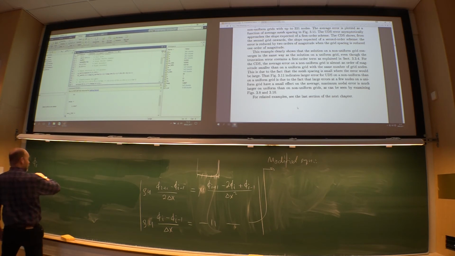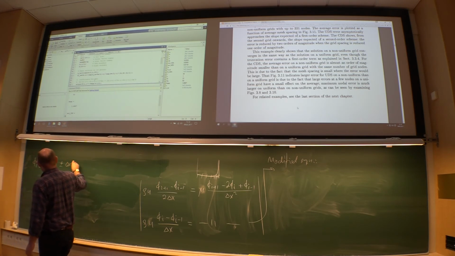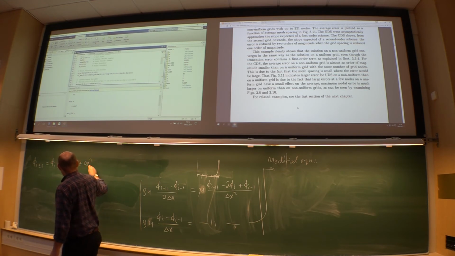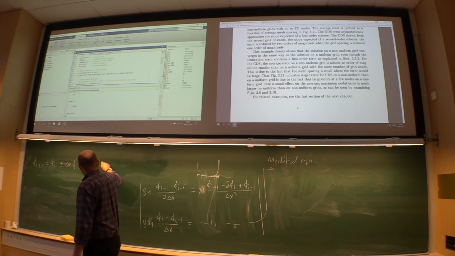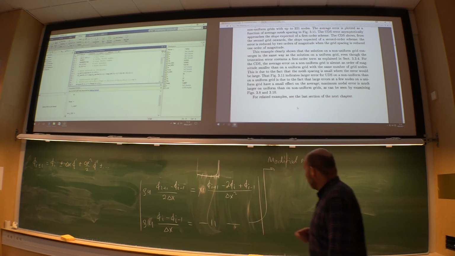Phi i plus/minus 1 equals phi i plus/minus delta x times the phi derivative, plus delta x square half phi double derivative, plus/minus higher order terms. I don't think we need more than the first two, actually.